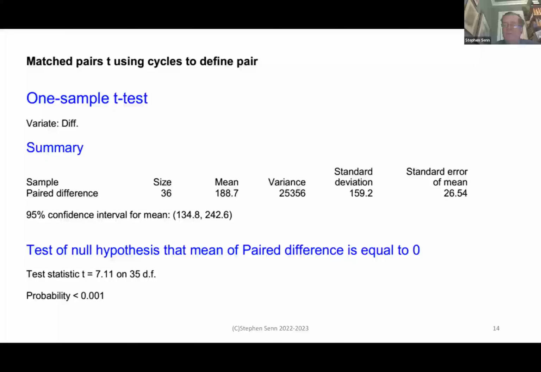And the standard error of the mean is simply this particular figure divided by the square root of 36, which is 6, and we get 26.54. The 95% confidence interval is given, and this is nicely away from 0, and so it's not surprising that the t-statistic is large, 7.11 on 35 degrees of freedom, and the p-value is less than 0.001.